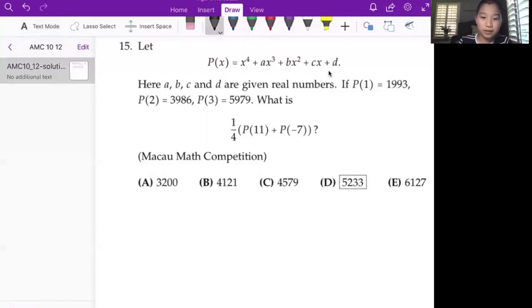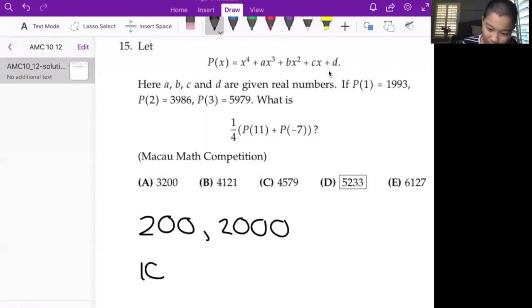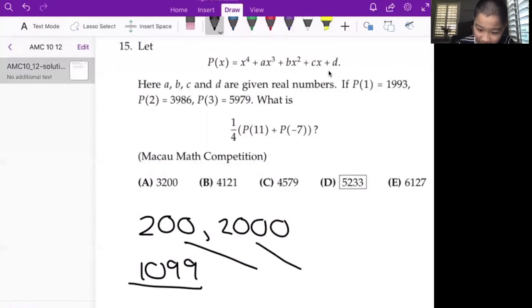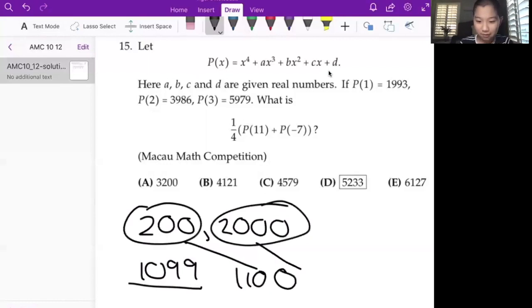So there's the AMC problem that said something about 200 and then 2000 and then said something about 1099. So it was suspicious from the beginning why it would be this kind of number. And then once you realize that this number is one less than the average of 200 and 2000, you can have an easier time.